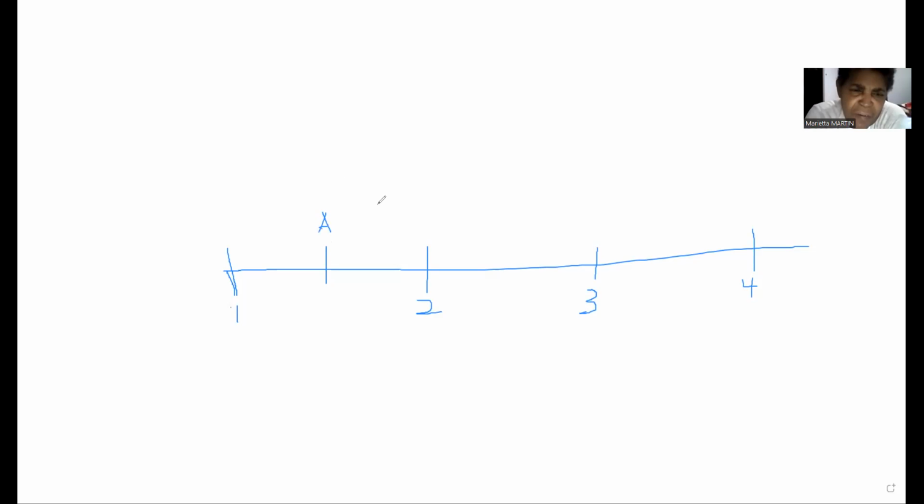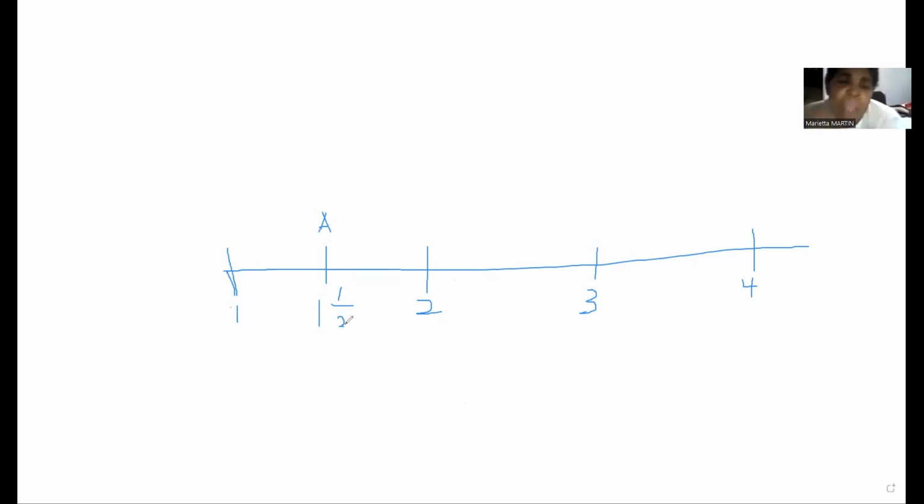Well, this is 1 and this is 2. What would the number be halfway between 1 and 2? It would be 1.5. That's it, very good. 1 and 1/2.